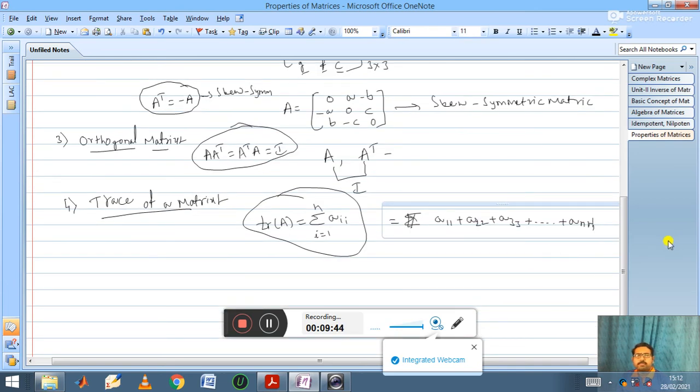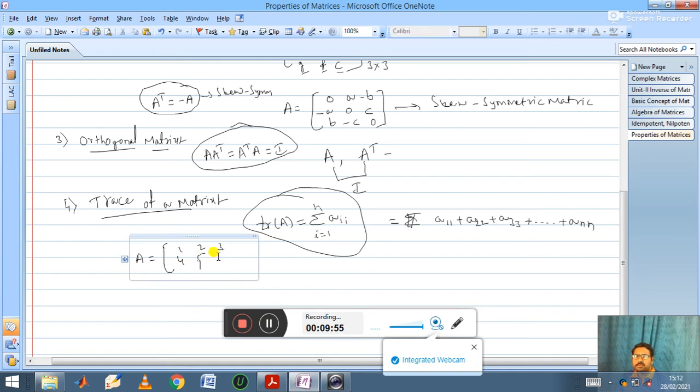For a better understanding, we will go with one general example. Let A equal 1, 2, 3; 4, 5, 6; 1, 2, 1. Here what are the diagonal elements? 1, 5, 1.